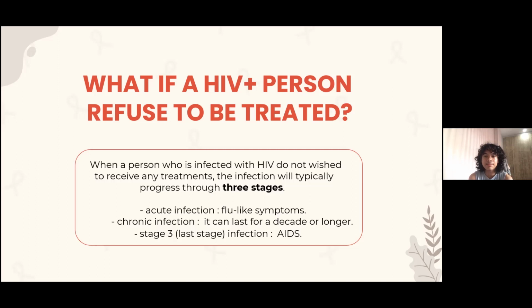At this stage, a person's immune system is badly damaged and their T cell count drops below 200 cells per cubic millimeter of blood, compared to the normal cell count, which is 500 to 1,600 cells per cubic millimeter. They will become vulnerable to opportunistic infections, and the risk of viral transmission is high.